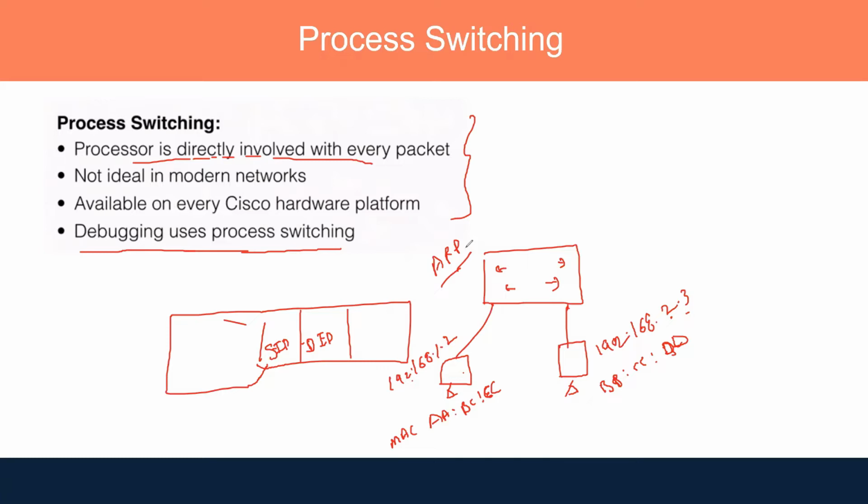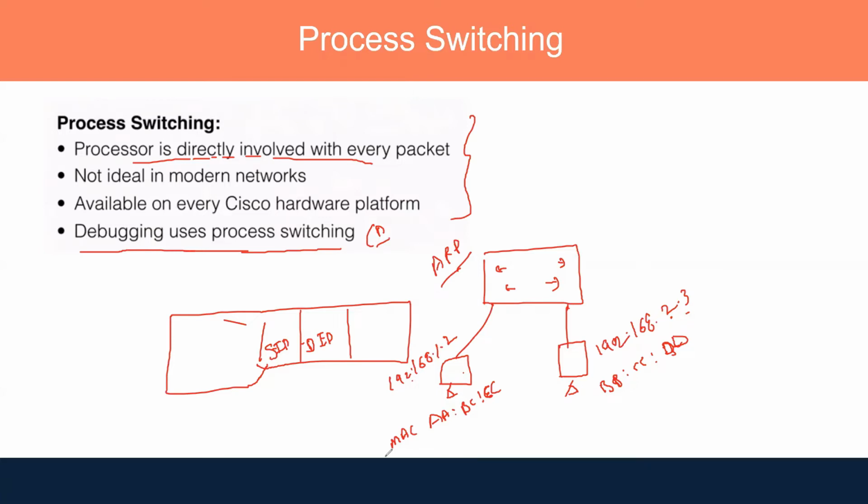When I say all the beginning parameters, that means IP address, MAC address, all those things it has to look at. So this process switching is really important when you are doing debugging. If there is any issue in the packet and if you want to do the final debug, then you can use the process switching.